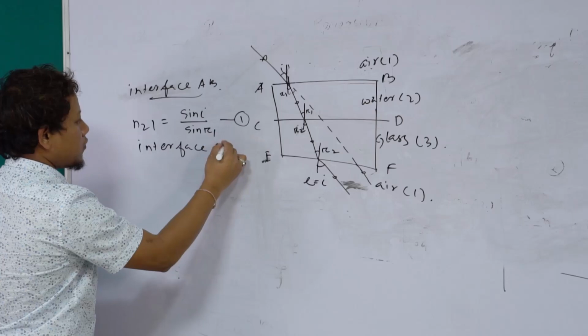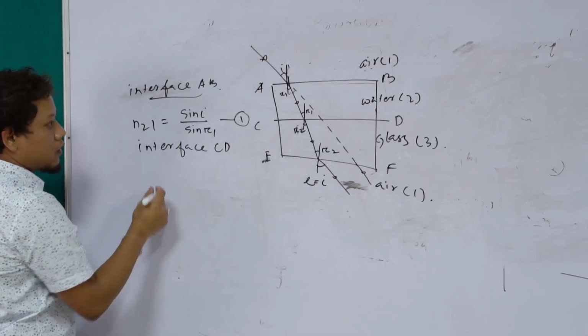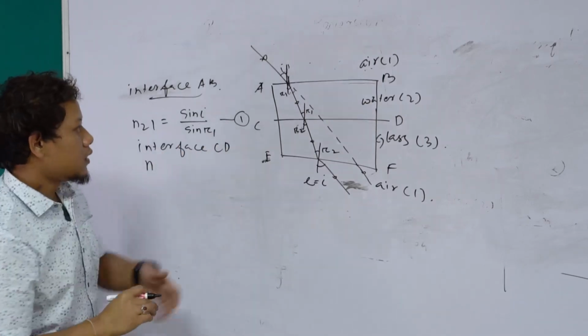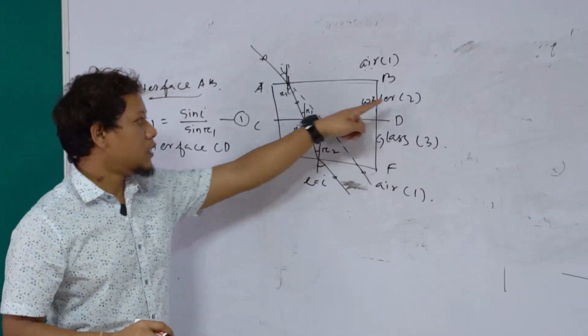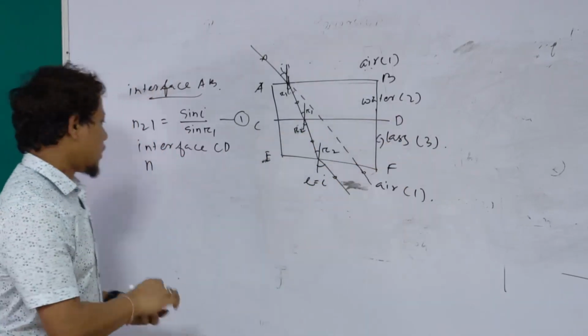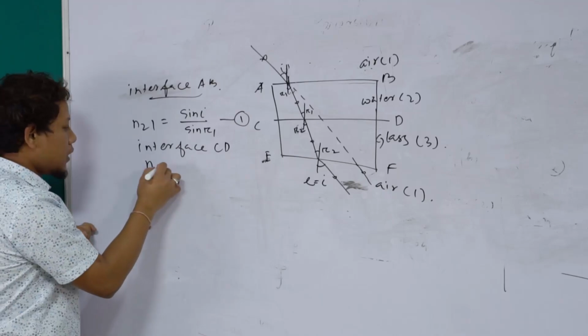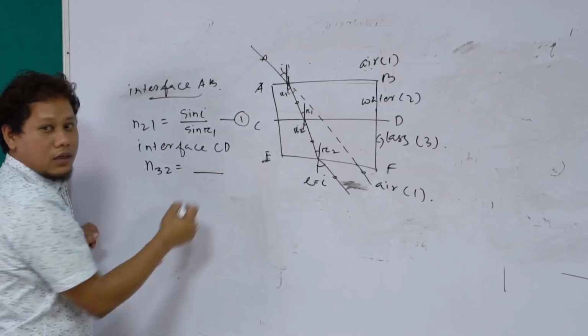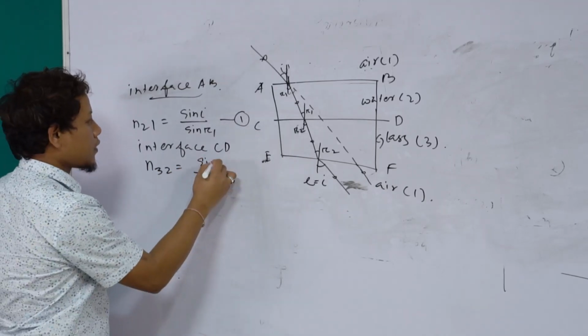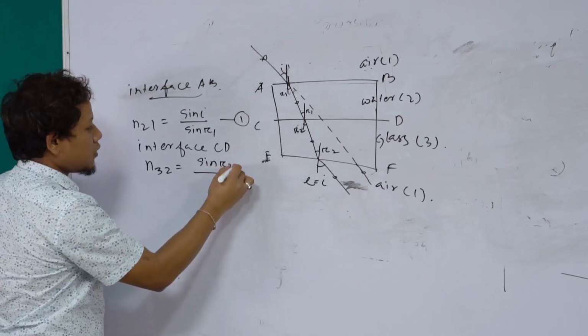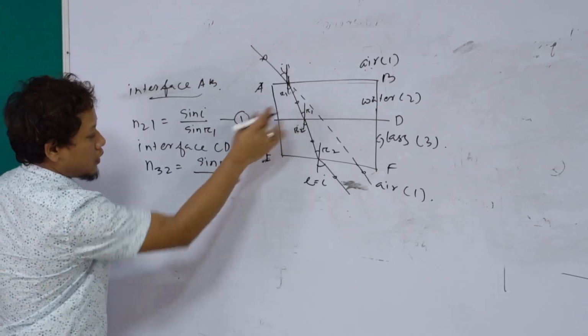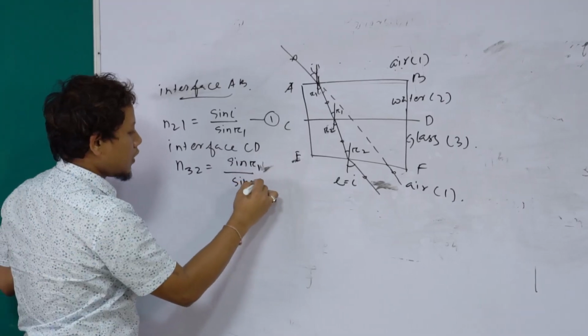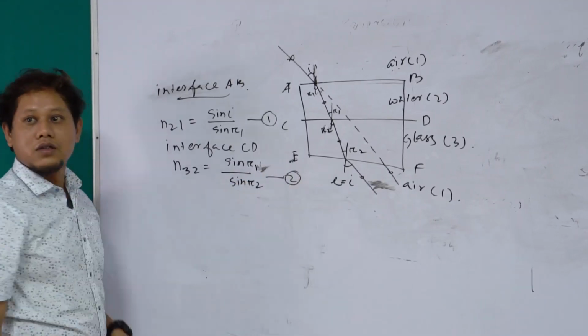For the interface CD, this is medium 2 and this is medium 3. So we can write the refractive index of medium 3 with respect to medium 2 as sin R1 divided by sin R2, since R1 is the angle of incidence. Say this is equation number 2.